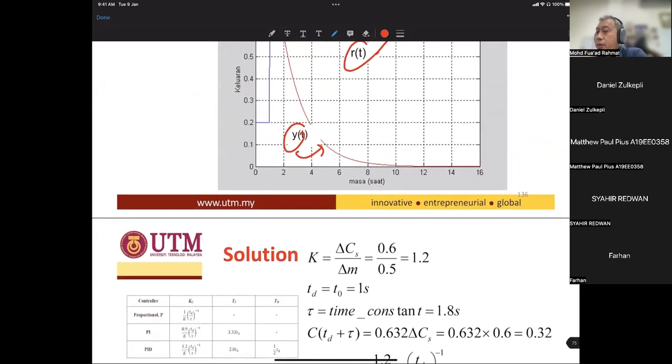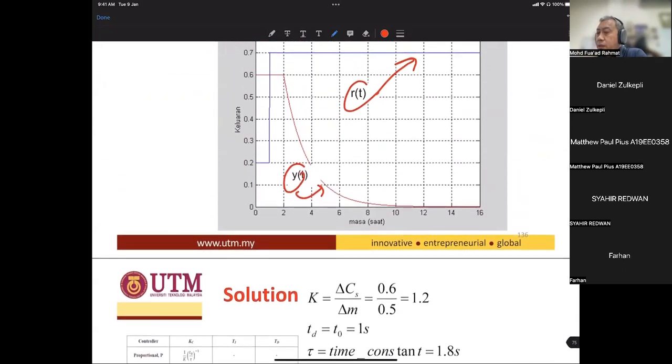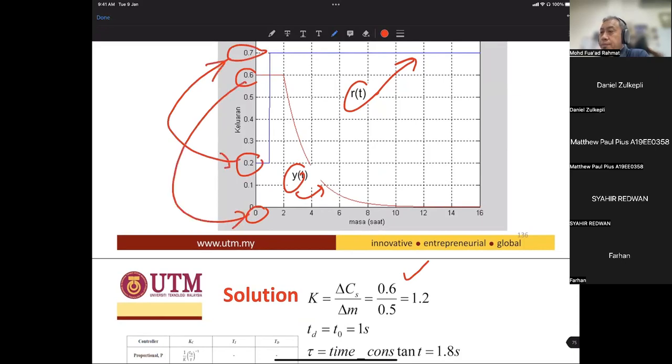So we calculate the K, which is delta CS divided by delta M. Delta CS is about 0 to 0.6, so 0.6, and delta M starts from the blue 0.2 until 0.7, so we get 0.5.